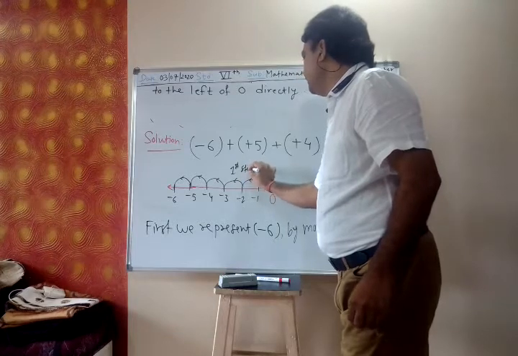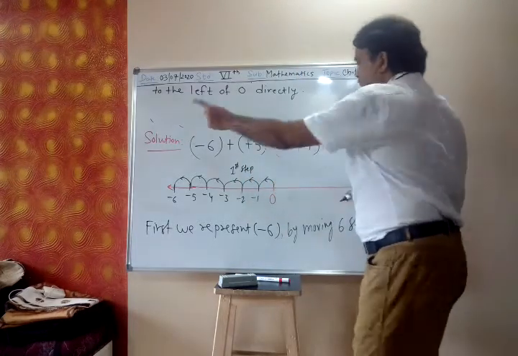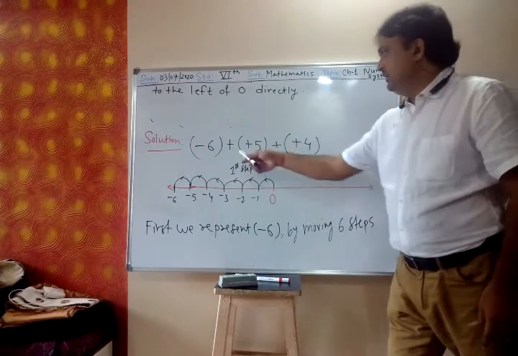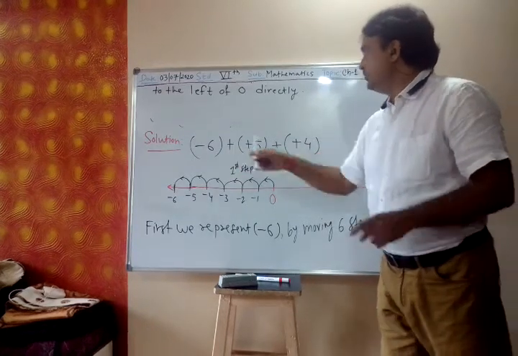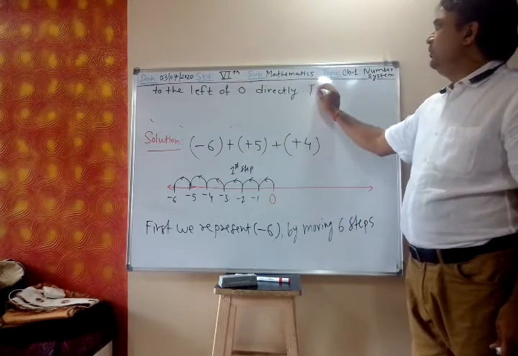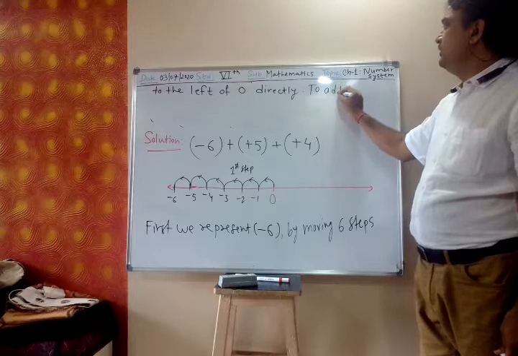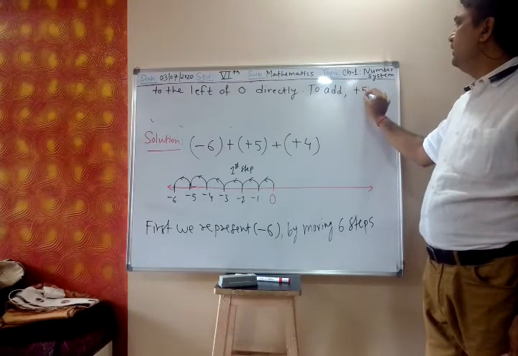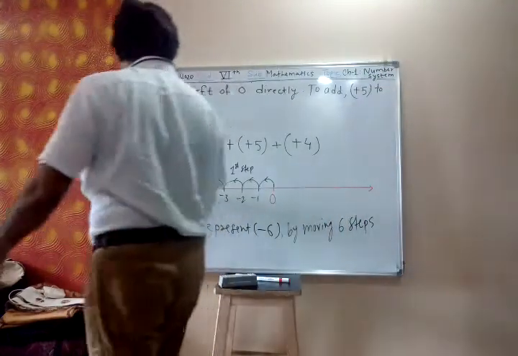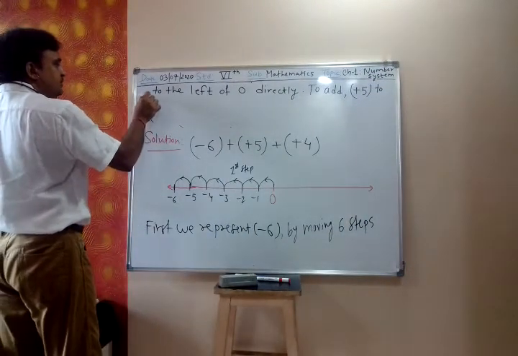We move 6 steps to the left of 0 and we get -6. Then plus means add. To add plus 5 to it.